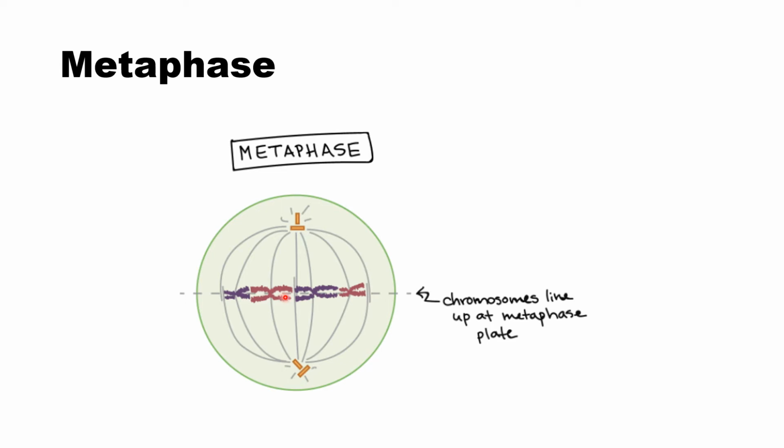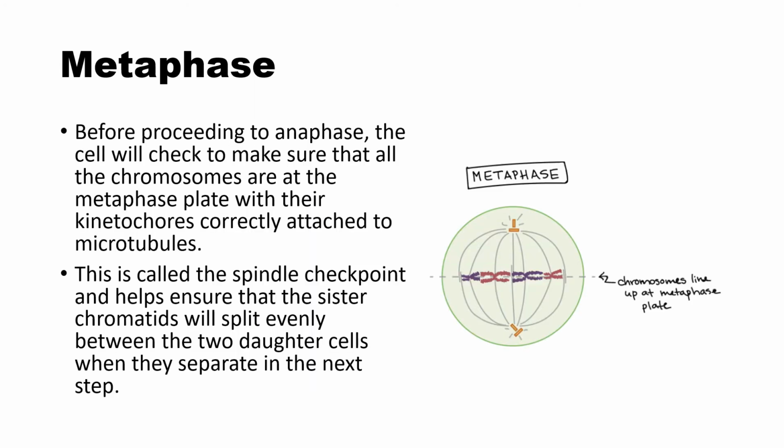So, yung north na microtubule magbabind doon sa north part na kinetochore and then yung south na microtubule magbabind doon sa south part na kinetochore. So, yun yung mangyayari sa metaphase.